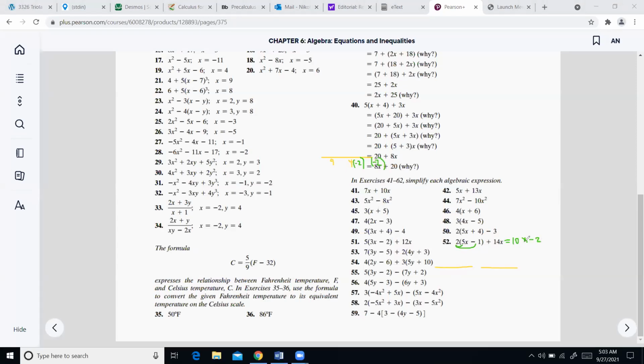Then we add 14x, collect the like terms, and produce 24x and minus 2, right? So we used this to simplify those algebraic expressions.